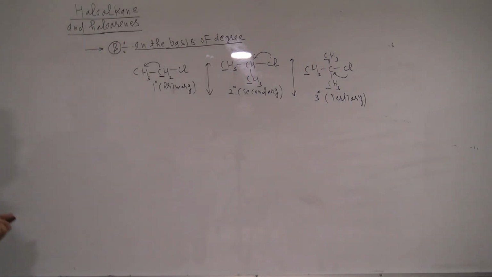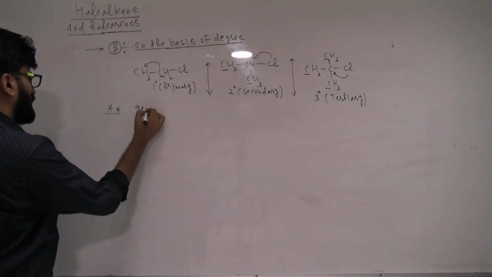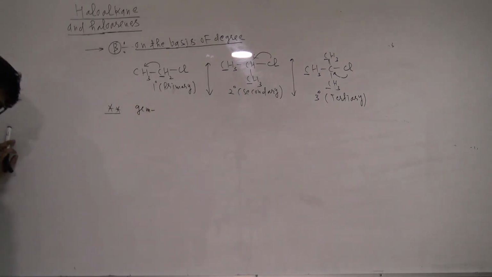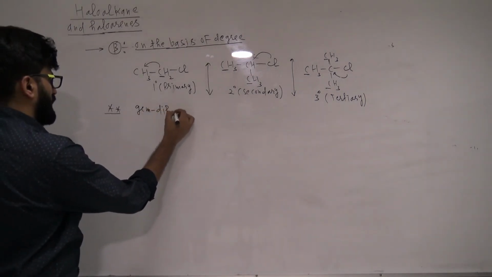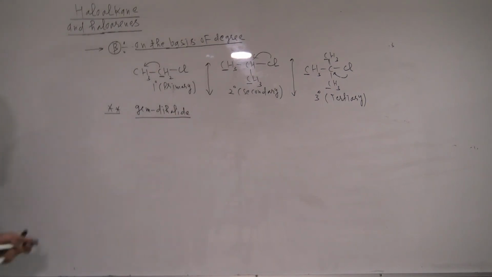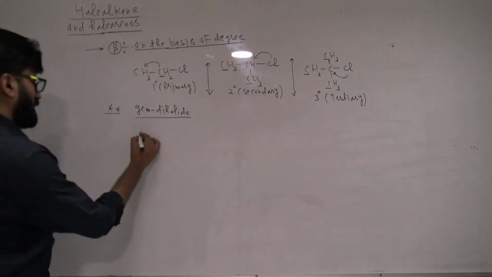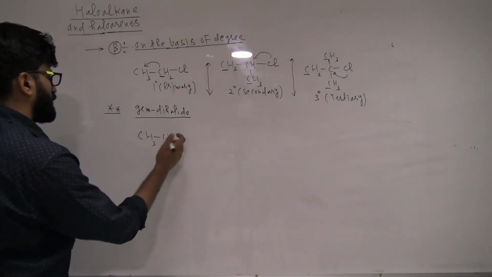A little bit more extra I will tell you: sometimes they also use these words. The first one is gem dihalide. Gem dihalide means that on the same carbon there will be 2 halogen groups like this.